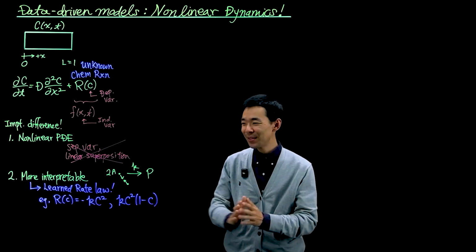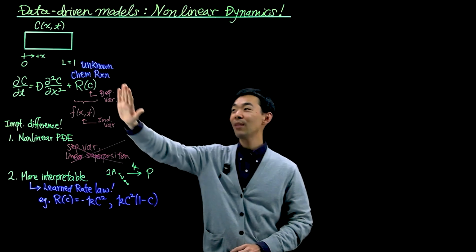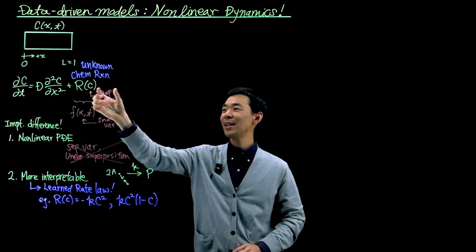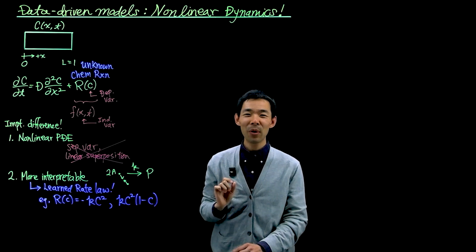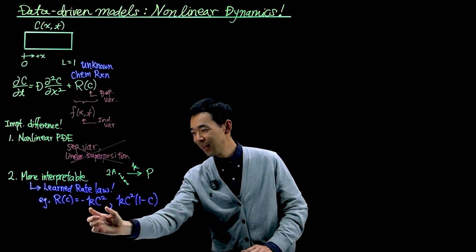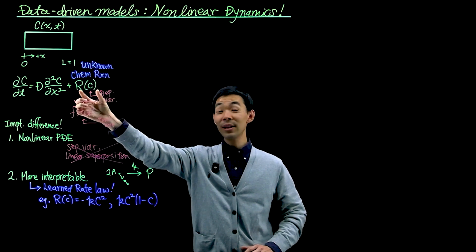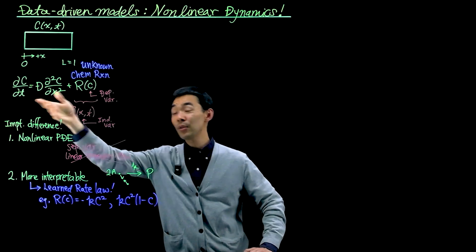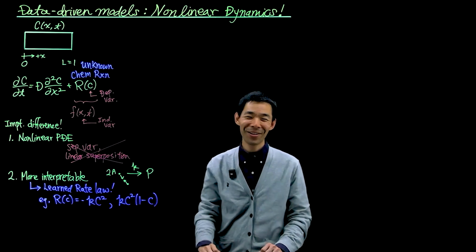All right, so now I hope you understand the key difference between what we covered last time and this time, which is that now we're trying to find some function of your dependent variable, which could be nonlinear. And if you try to think about plugging C squared or C squared times 1 minus C into this PDE, and if I just asked you to solve this, that would be pretty hard analytically.